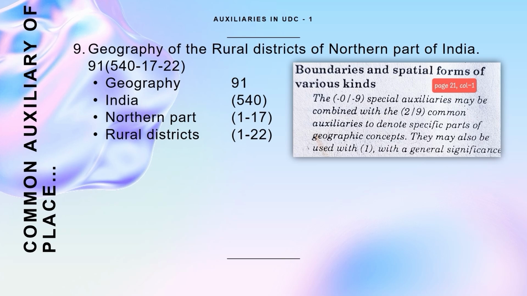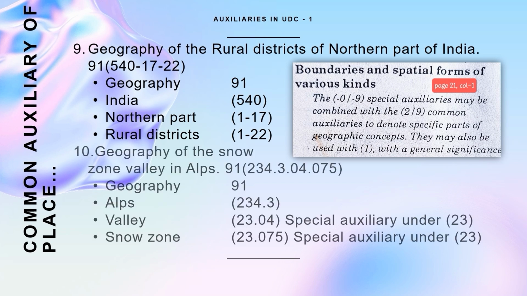So, you see geography of the rural district of northern part of India, that is geography 9.1, India within parenthesis 540, northern part within parenthesis 1-17 and rural district 1-22 within parenthesis. So, this 1 will be replaced by the India. So, number will be 9.1 within parenthesis 540-17-12.